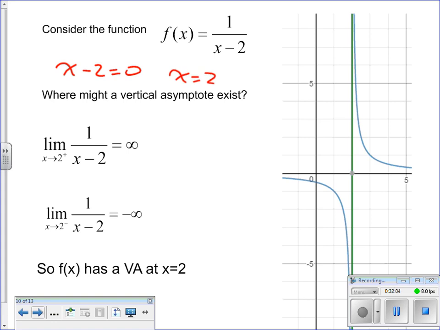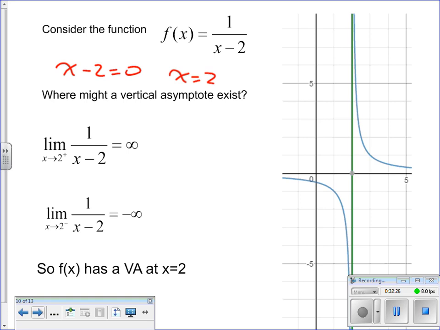So what I have to do is take the limit as I go towards 2 from the right and from the left. I look at it from the right. Now, think with me on this one. I'm putting in numbers closer and closer to 2 from the right. So I start at, let's say, 3.